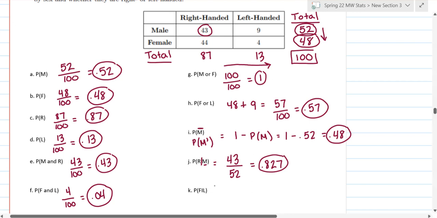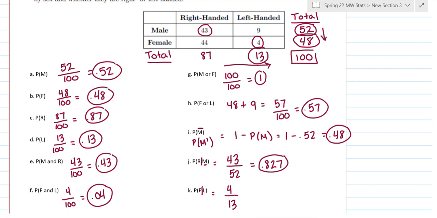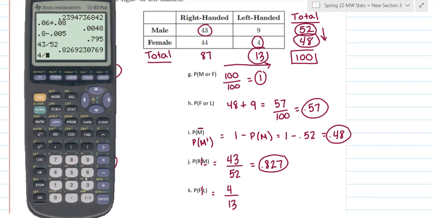Okay, then you have probability of female given left-handed. Now my denominator is the total number of left-handeds. So now I'm looking at the second column down. The total number of left-handed is 13. In that column, I have 4 females. So 4 out of 13. So 4 divided by 13, 0.308.